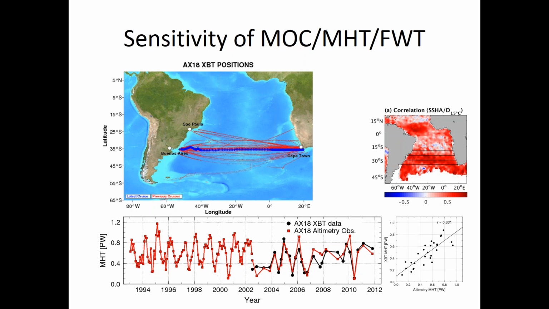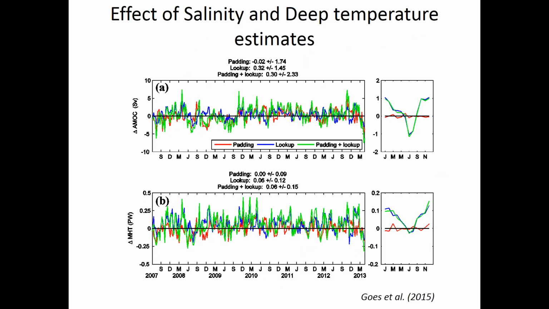across this section. And in an earlier paper in 2015, I analyzed within a model what would be the effect of the padding. Because we need some approximations to use the XBTs that just measure temperature in the top 800 meters to include the whole basin. So we needed a padding of temperature and salinity below 800 meters, the TS lookup table at the top 800 meters, and then we compare them with the two approximations against the residuals from the model with no approximation.